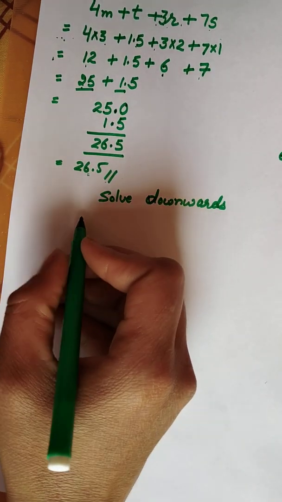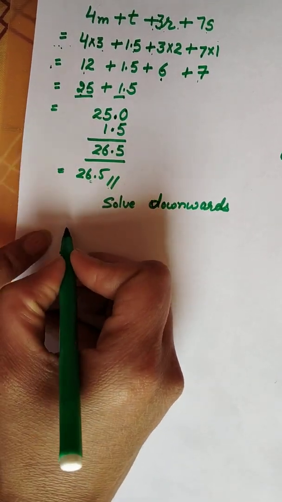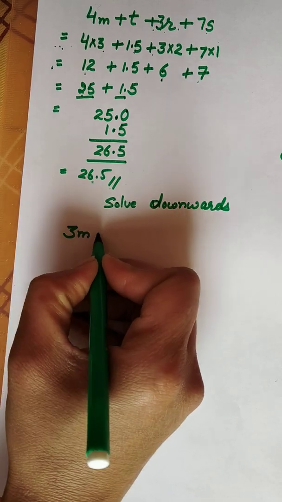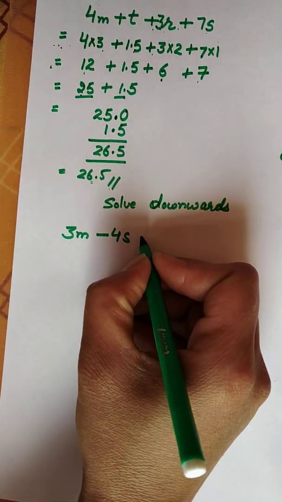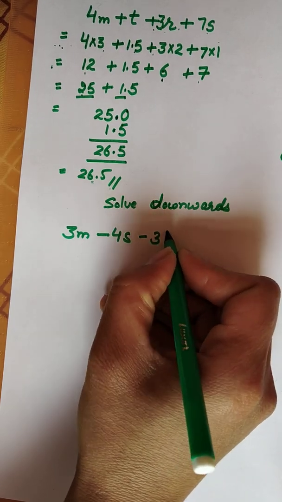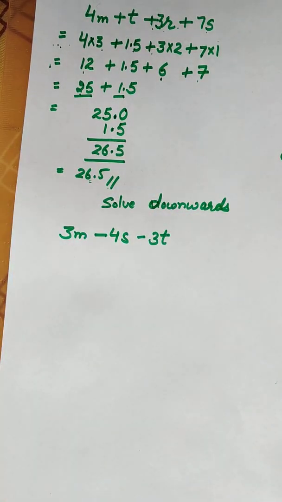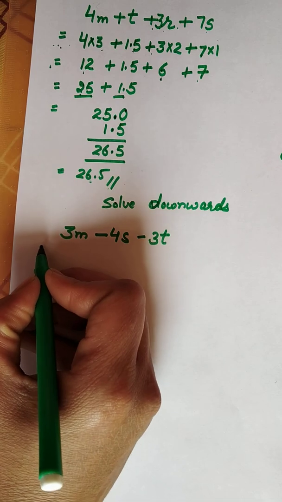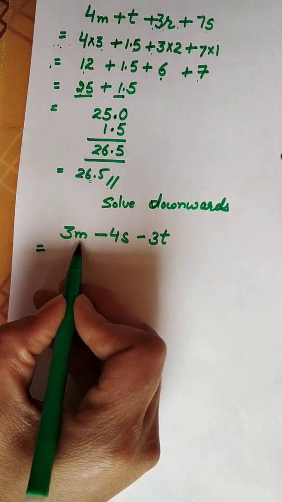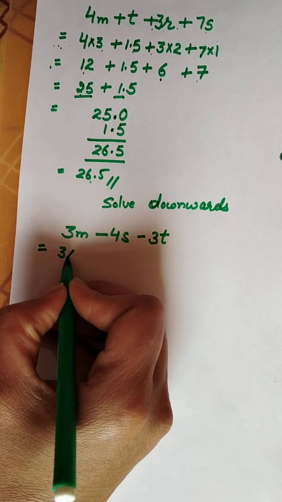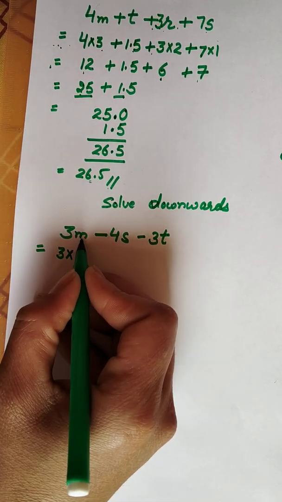Suppose I have one more expression, 3M minus 4S minus 3T. Suppose this is my expression and the values are the same. So I'll put an equal to sign here. 3M means 3 into M. So 3 into M. And what is the value for M?